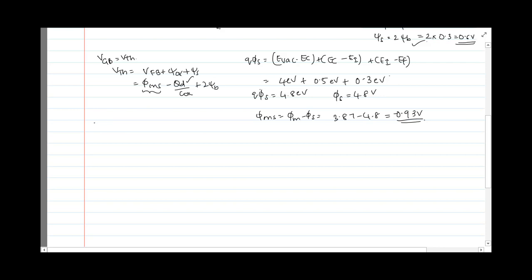Okay, so let's substitute this value. We are given the threshold voltage is minus 0.16 is equal to minus 0.93 minus Qd by Cox plus 0.6.